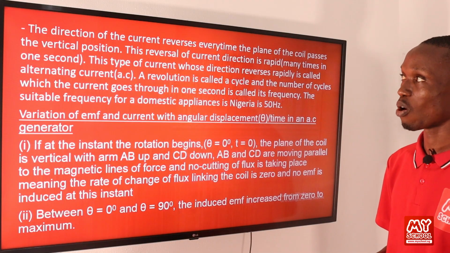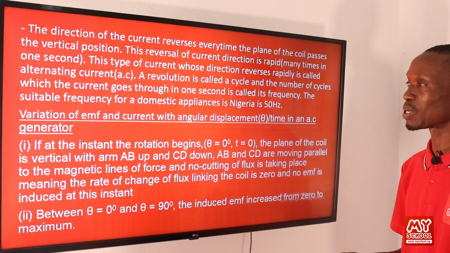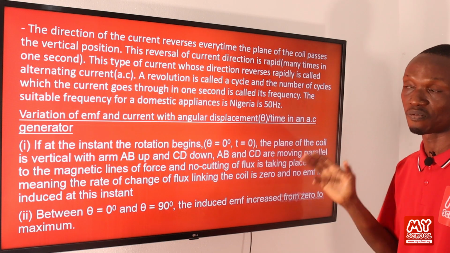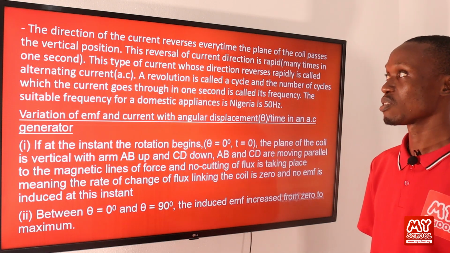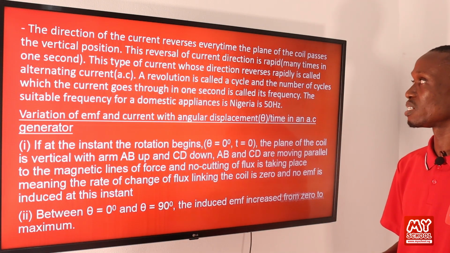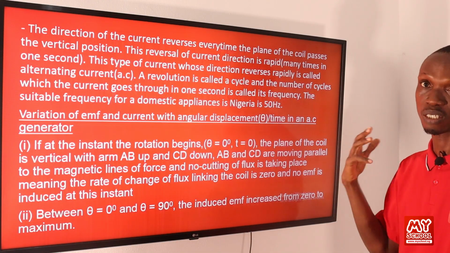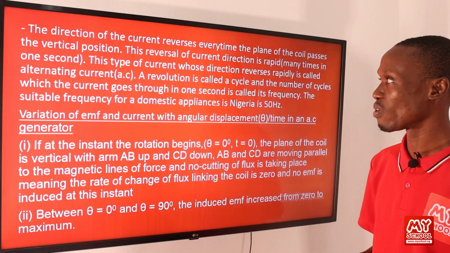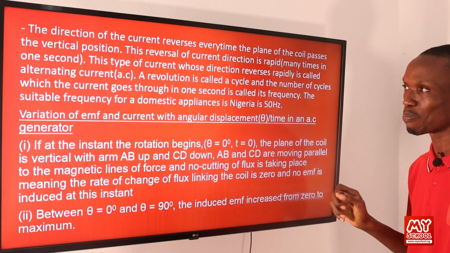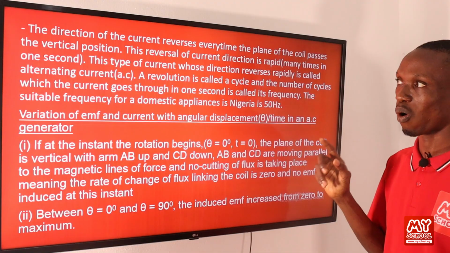The direction of the current reverses every time the plane of the coil passes the vertical position. This reversal of current direction is rapid. That is, it happens many times in 1 second. This type of current, whose direction reverses rapidly, is called alternating current.